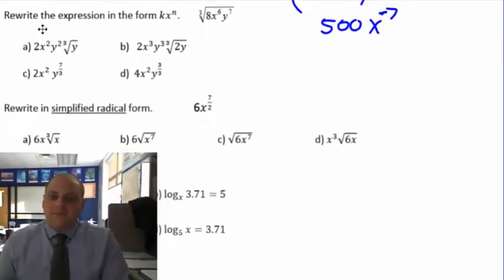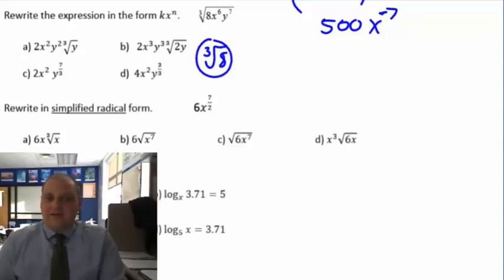All right. Rewrite the expression in kx^n form. So we've got to get rid of the radical, basically. Now, it's a cubic root. 3 is the root. So it's the cubic root of 8, 8 to the 1/3. I'll leave that one as a radical because I can do that part. Now, x is to the 6 over 3.